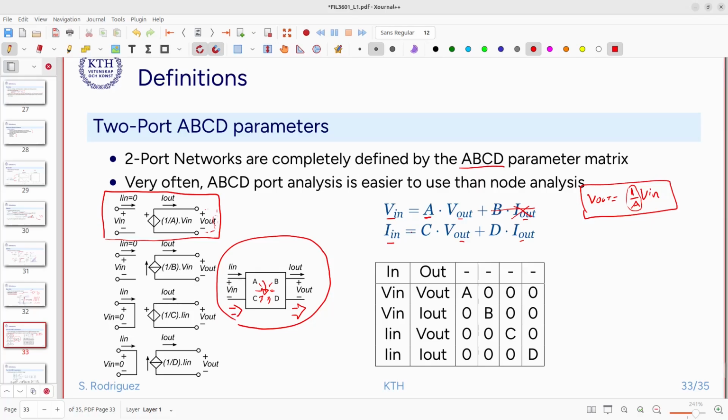If we do the same exercise for the other types of amplifier, here we have the transconductance amplifier. We have an input voltage and an output current. How do we characterize this? In this particular case, what we do is we short circuit the output.